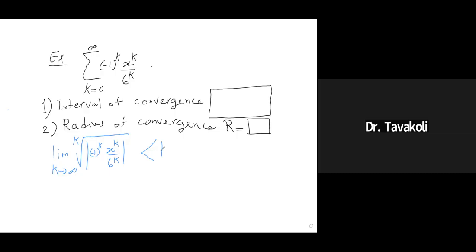First of all, when we apply the absolute value, that (-1)^k disappears because absolute value makes everything positive.